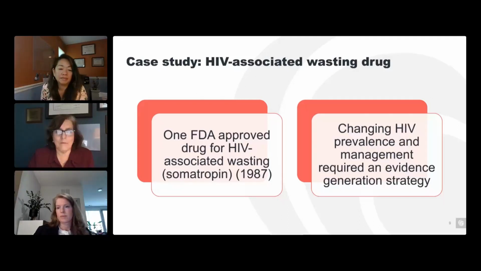So we really needed to find out what was happening in the last few years, the 2010s through 2020. What's happening with these patients? That's what we're going to focus on as our case study.